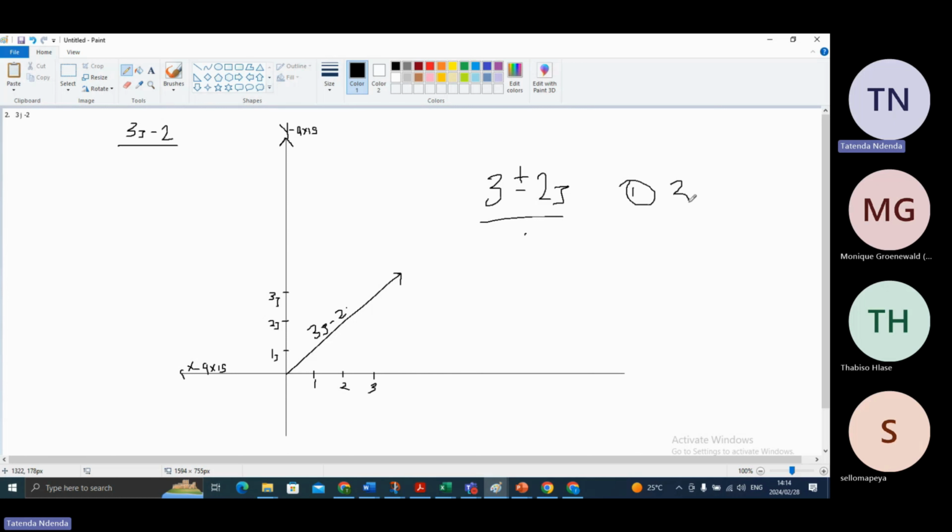It's going to be 3 plus 2j, and the other one, number 2, is going to be 3 minus 2j. So they're supposed to be different. I'm giving you guys 15 minutes. Let's do it.